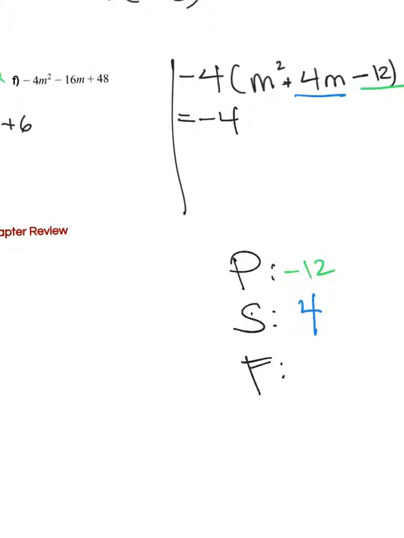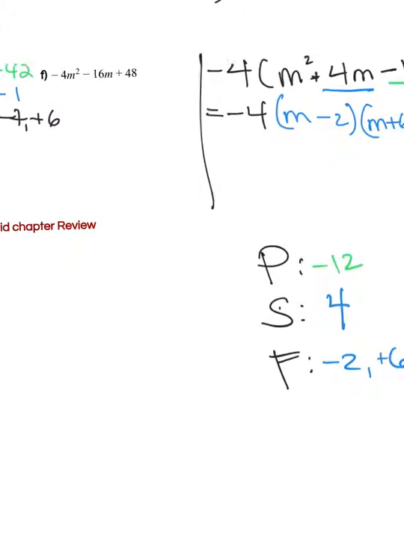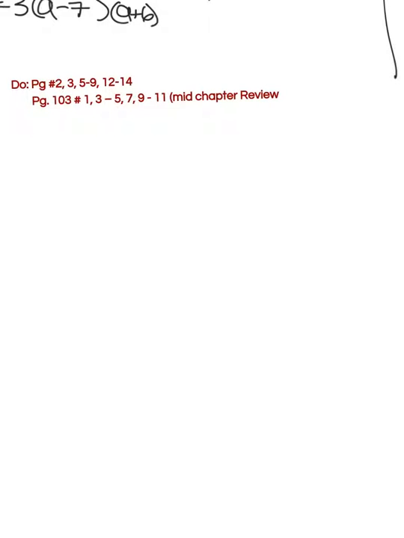That is going to be negative 2 and plus 6. So now, inside of my 2 brackets here, I'm going to put an m because that's the letter I'm using, minus 2 plus 6. Okay.